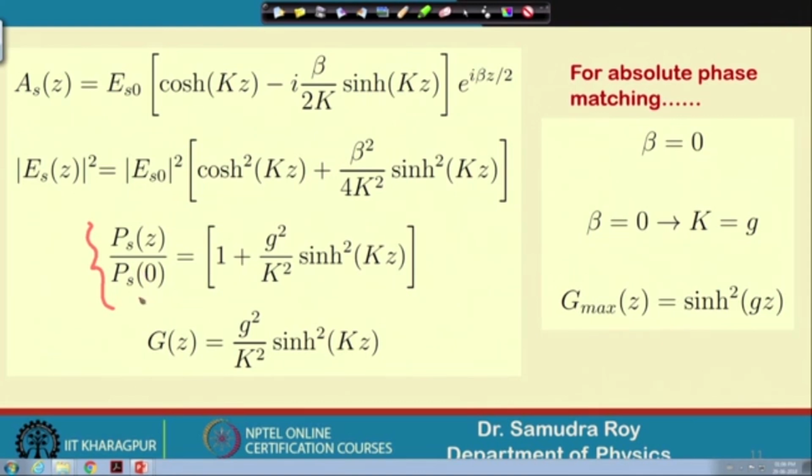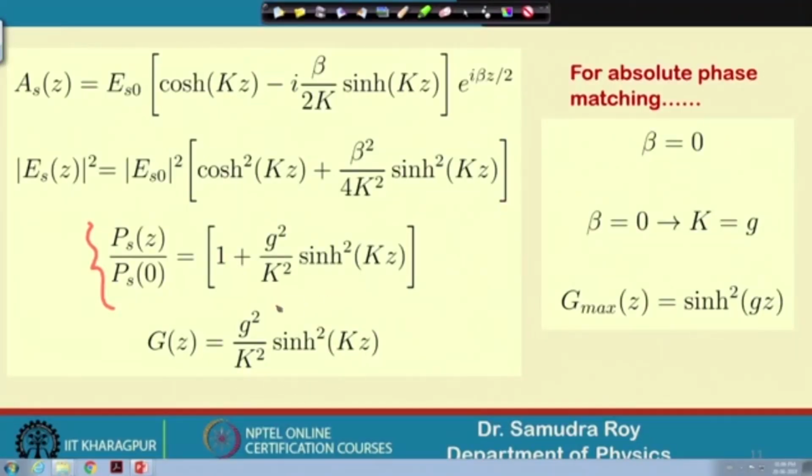So, this ratio gives 1 plus g square over k square sinh square of kz. So, this is basically the gain term, a non-zero positive term, that means we are getting some kind of gain. If this term is not there, the ratio is 1, that means there is no gain; whatever the value we have at Z equal to 0 for P_s, the same value we have for Z.